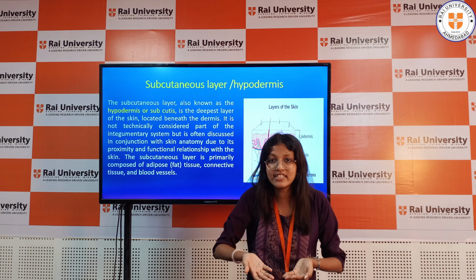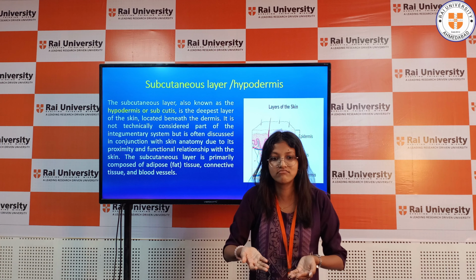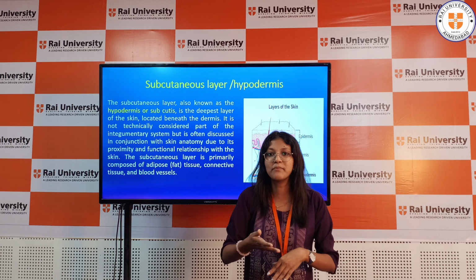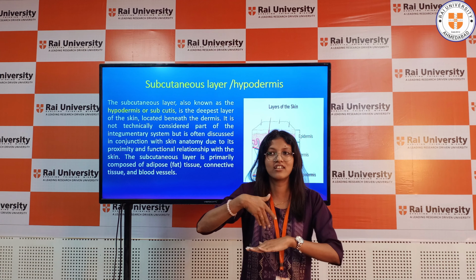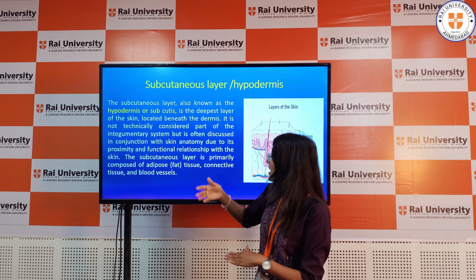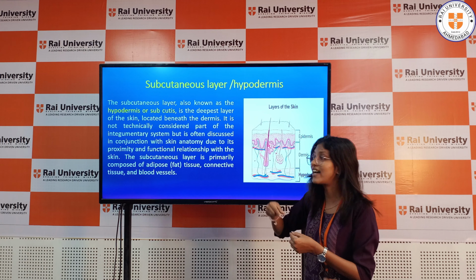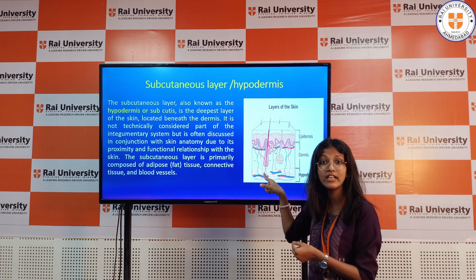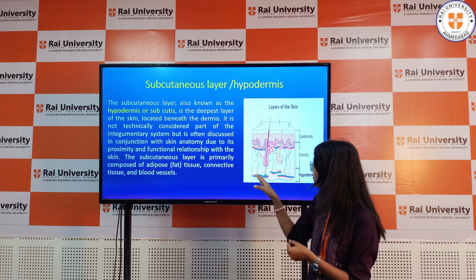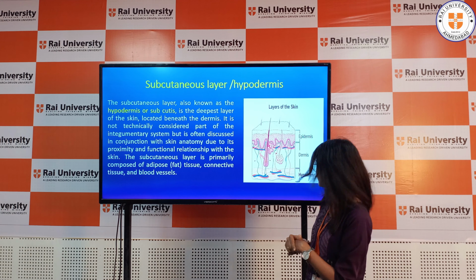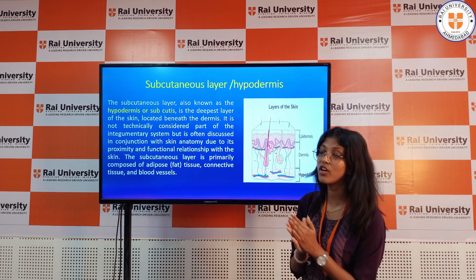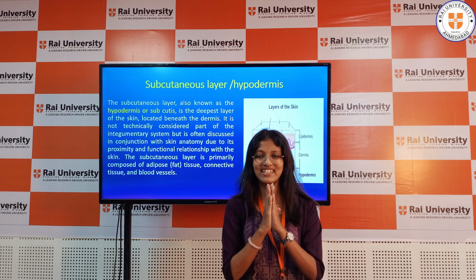If we get major accidents, the bleeding is bigger and we are not able to control it, because in the subcutaneous layer we have bigger blood vessels compared to the dermis layer. This is all about the subcutaneous layer.